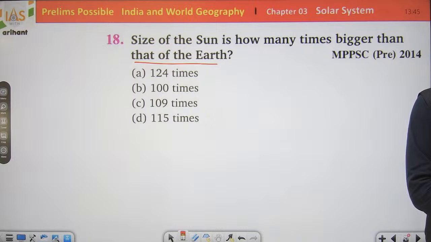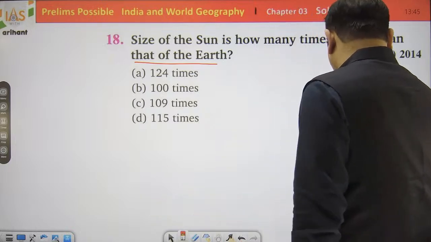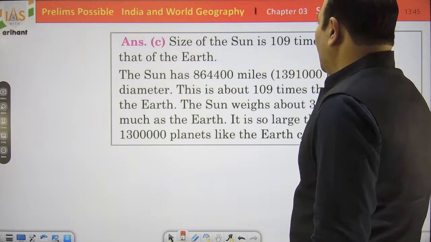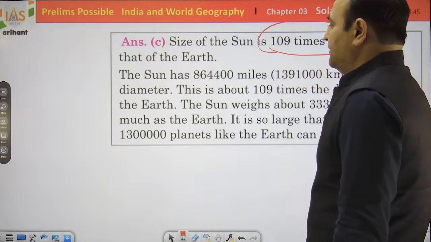It is approximately 109 times bigger than the earth.